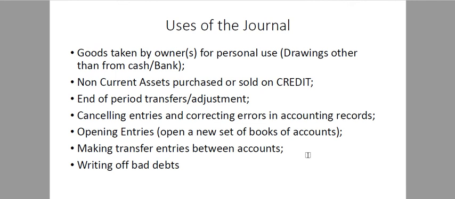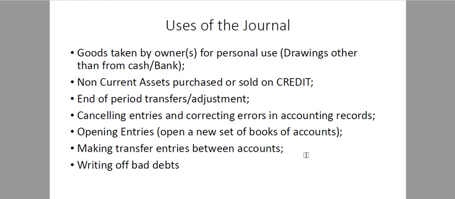As I said, this journal records those transactions which do not fit in other journals. So the list can be long, but these are the typical ones which are recorded in this journal. Mind you, you don't have to make all of these entries in this journal for now. Some of them will be coming in subsequent chapters, so you would see a lot of transactions, and we'll see many uses of this journal in the coming chapters.